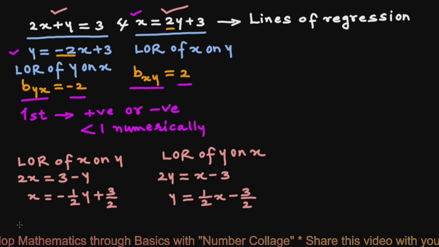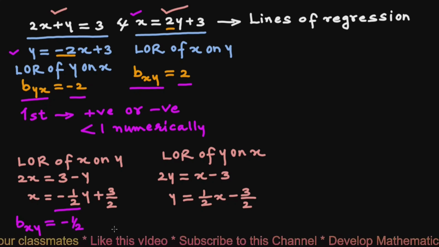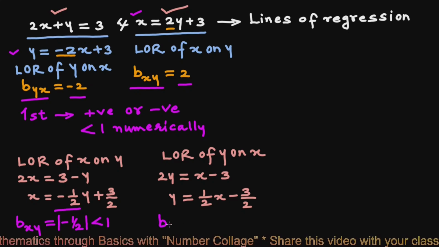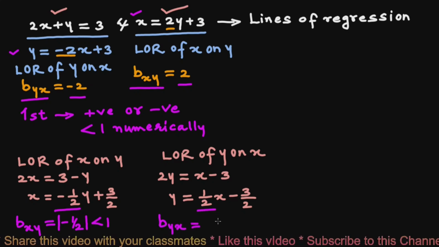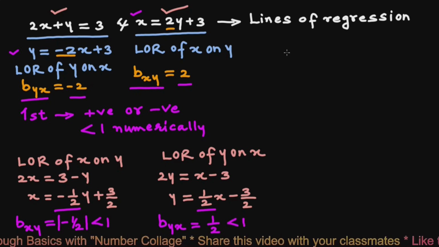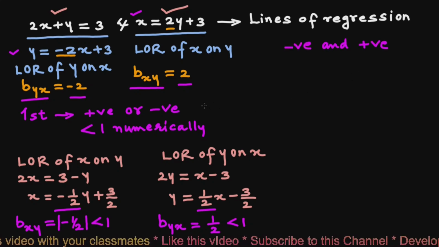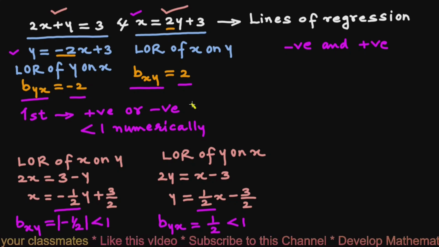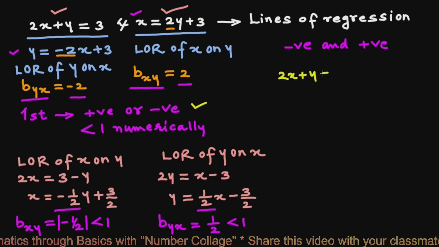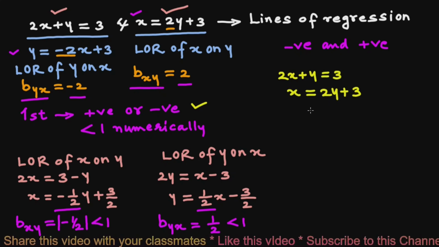Here the coefficient of regression bxy is this minus half, which is numerically less than 1, and the coefficient of regression byx is this half, which is numerically less than 1. But since they are of opposite signs, negative and positive, this does not satisfy the condition of this first law. Hence, both these lines 2x plus y equals 3 and x equals 2y plus 3 cannot be the lines of regression.